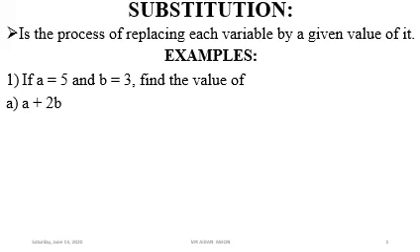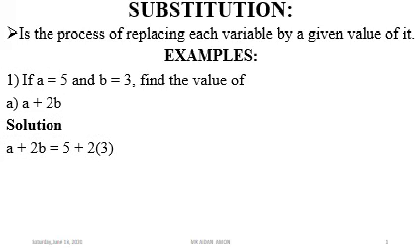In order to get it, what are you supposed to do? You just substitute the value of a in a and the value of b in b. You replace the letter a by its value and the letter b by its value. Let us see the solution here.